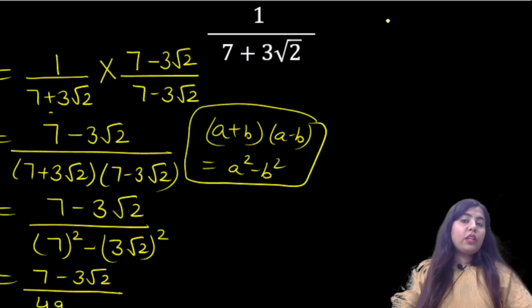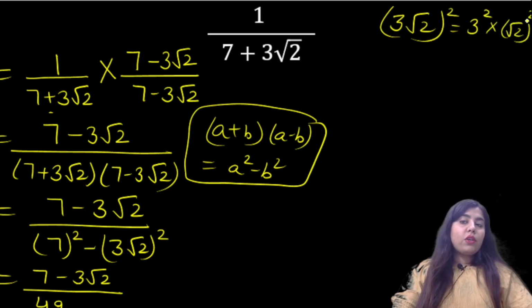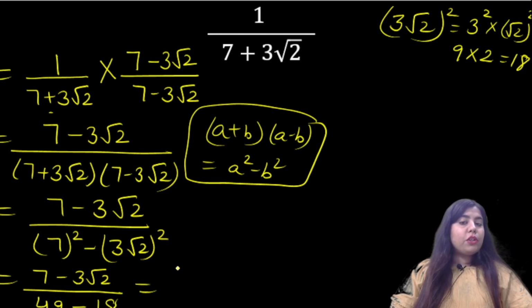And what about 3 root 2 square? See, 3 root 2 square means it is 3 square multiplied by root 2 square. We know that 3 square is 9 and root 2 square is 2. So 9 multiplied by 2 is 18 only. Clear? So minus 18. And it is equal to the numerator as it is, 7 minus 3 root 2, by 49 minus 18, which is 31.